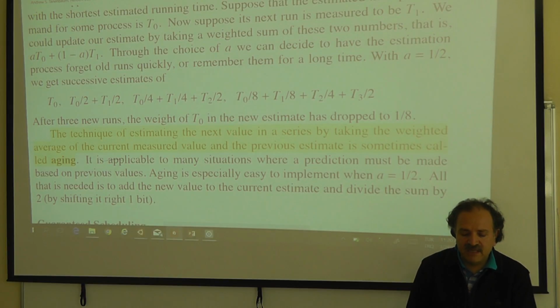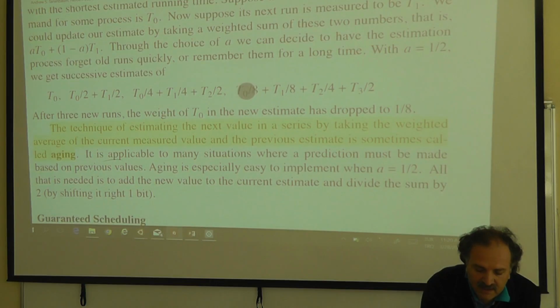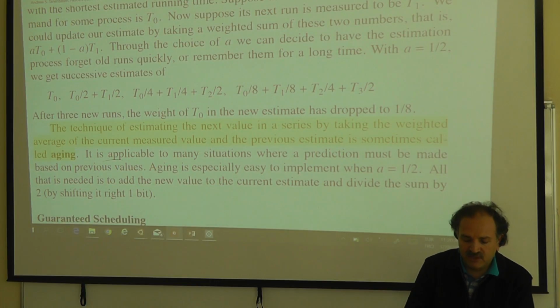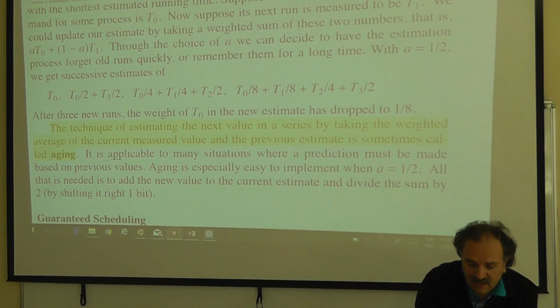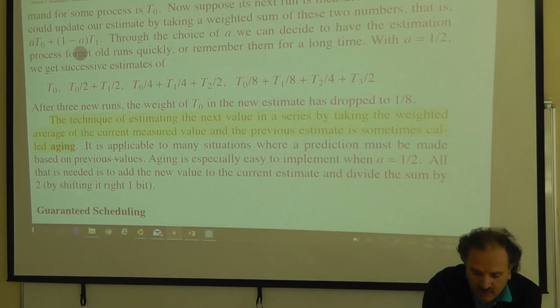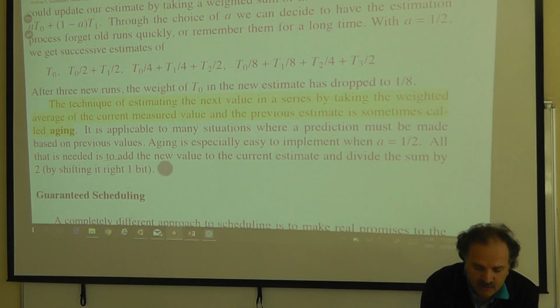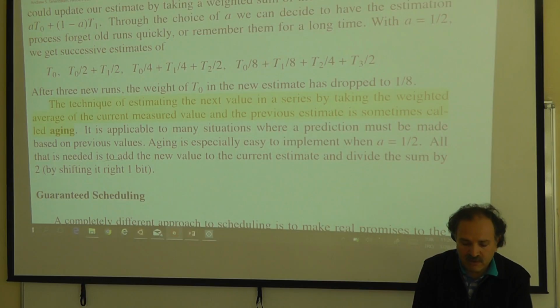I always keep dividing T0 by a larger number. So I am taking a weighted average with this formula. If I take alpha as 1 over 2, it is easy to implement. All that is needed is to add the new value to the current estimate and divide the sum by 2.